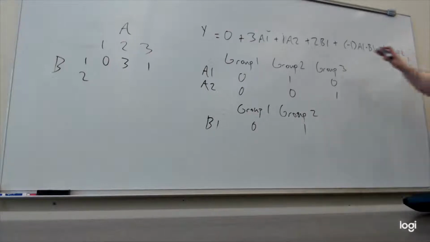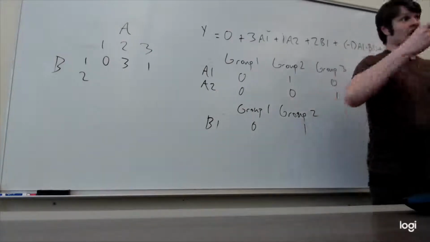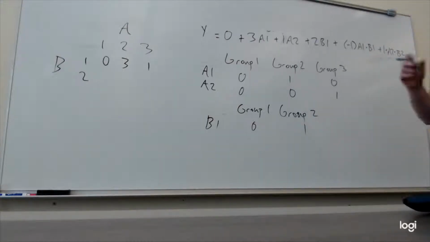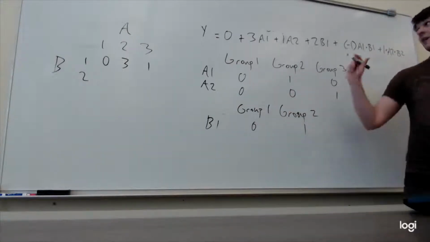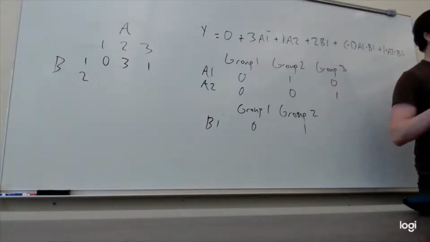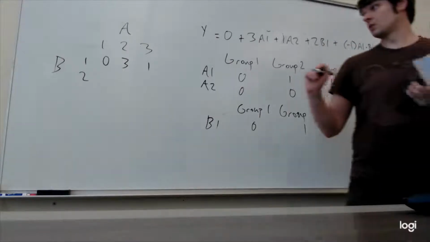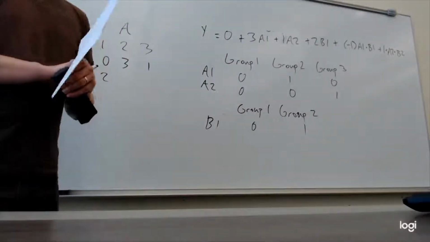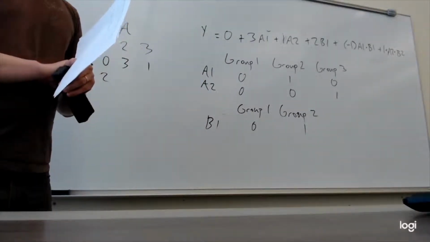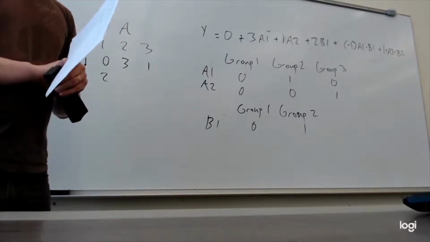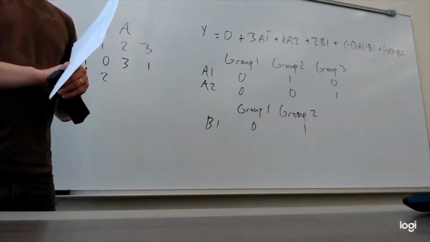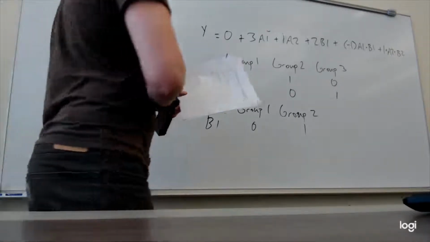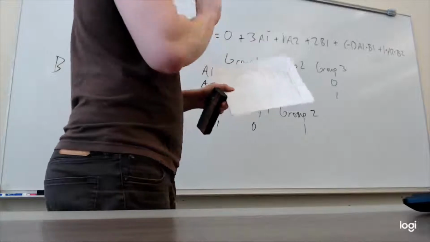So the coefficient for B tells me at level 1 of A, if I go from group 1 to group 2 of B, I have to increase my predictions by 2. Does that make sense to everybody? Questions?